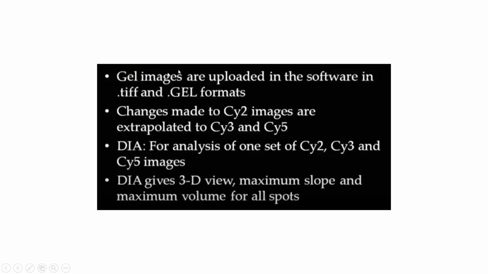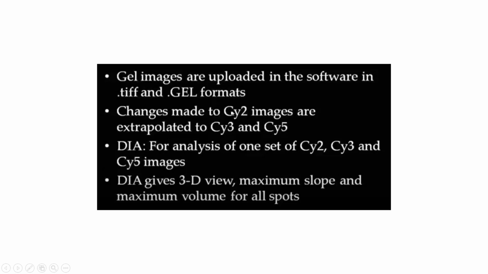There are certain formats you need to use when we are taking the image. It is either TIFF image or .gel format. You need to upload the gel images in these softwares only, then only DeCyder will take those specific images. Then the changes made with the Cy2 images are extrapolated to Cy3 and Cy5, because Cy2 has the internal standard.